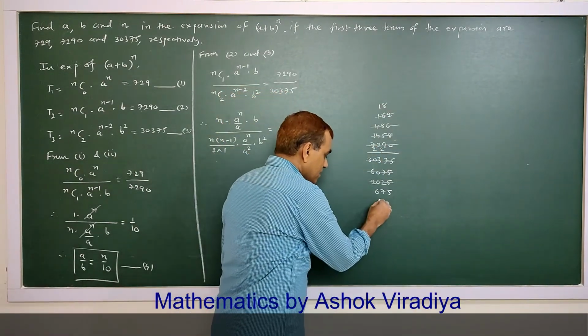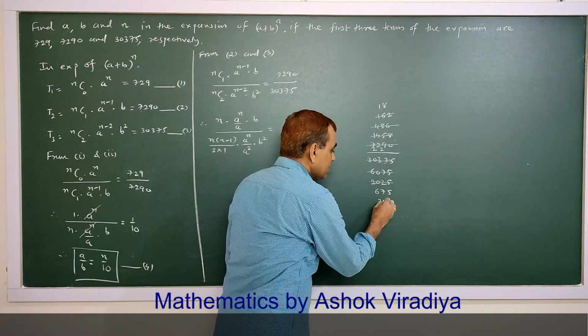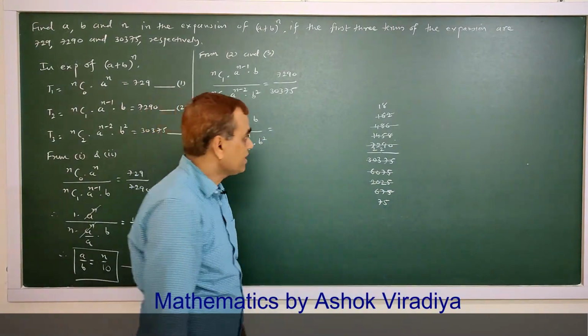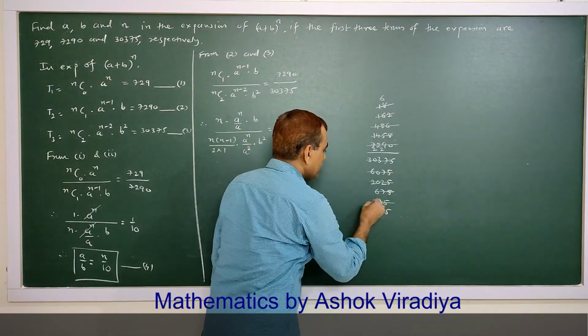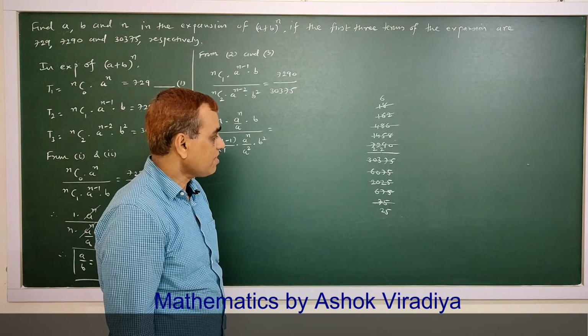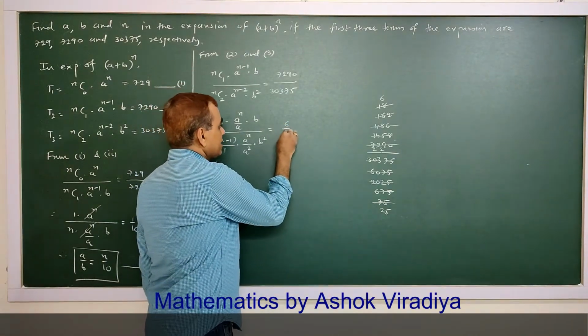Here 7 into 9 is 63, 5 into 9 is 45. Again divisible by 3, 6 into 3 is 18, 25 into 3 is 75. So this is 6 by 25.